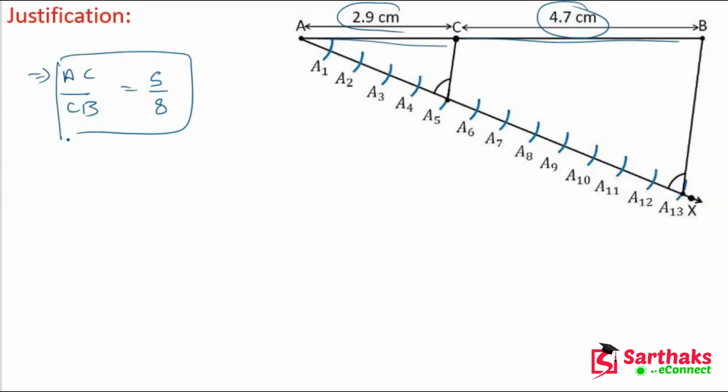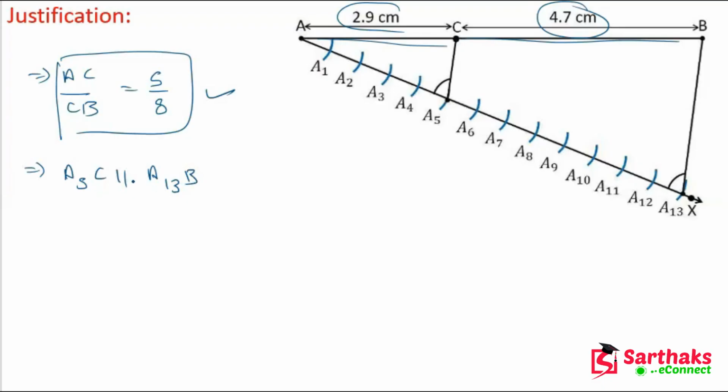Now we have to do the justification. The construction of the given problem can be justified by proving this statement. By this construction we have A5C parallel to A13B.